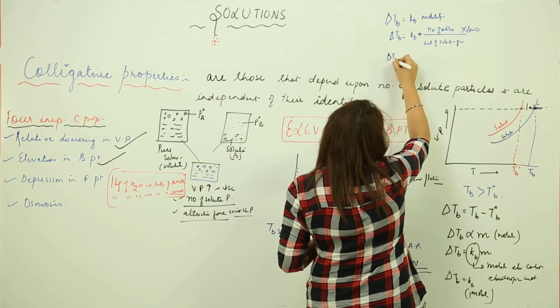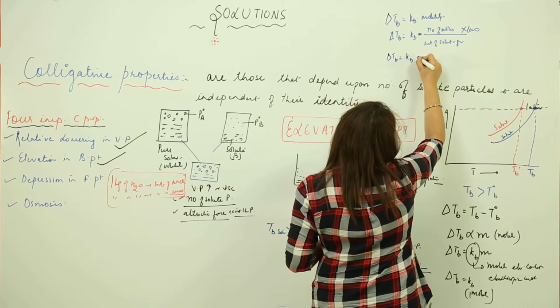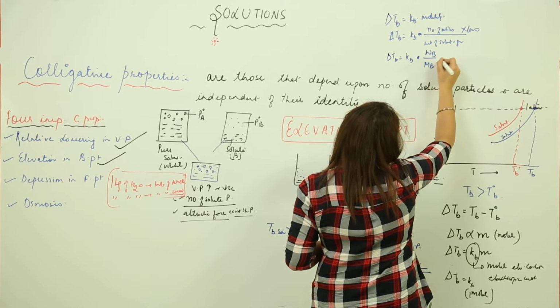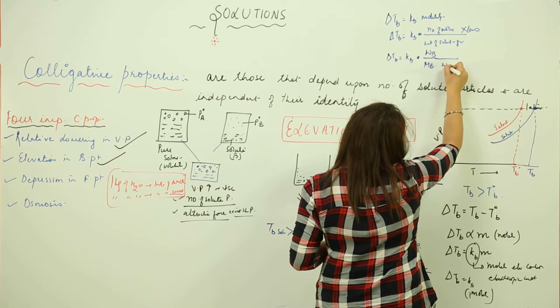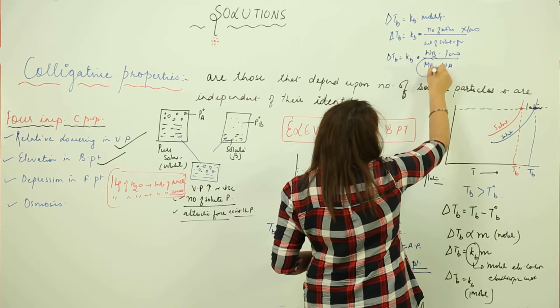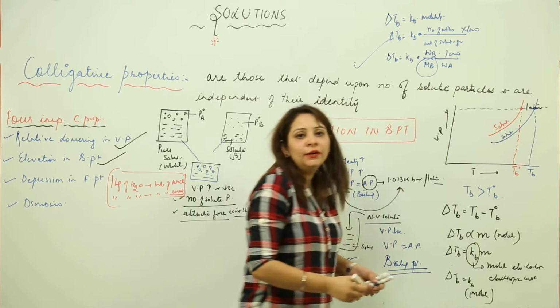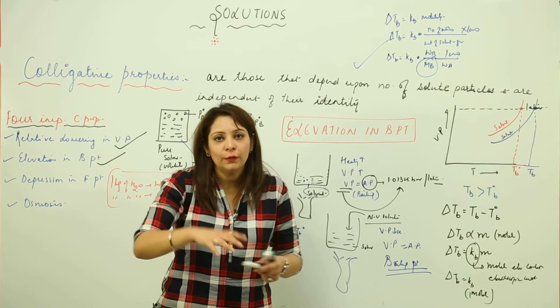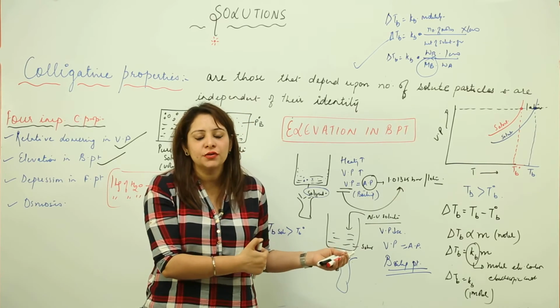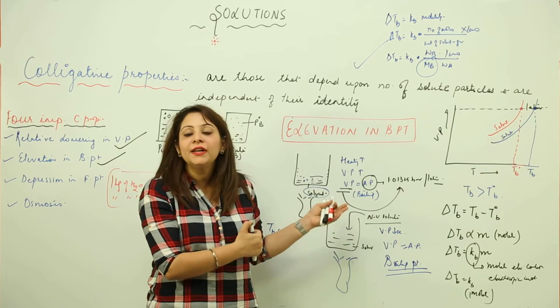The number of moles is Wb upon Mb. The weight of solvent and the 1000 are already here. So by using this expression I can calculate the molar mass of the solute if somebody asks in a numerical with the given elevation in boiling point.